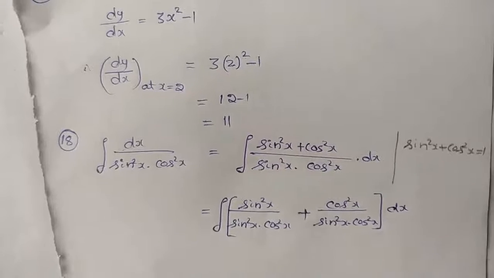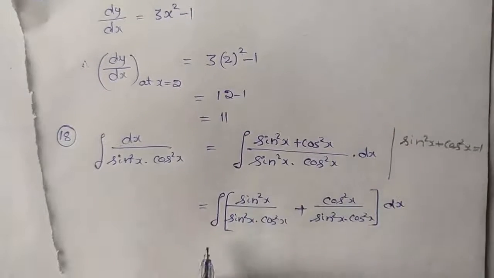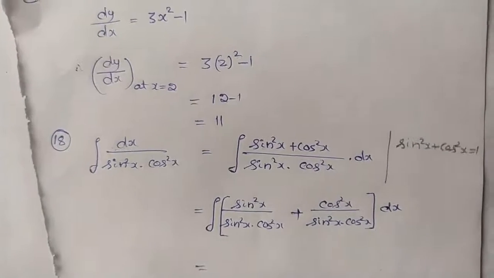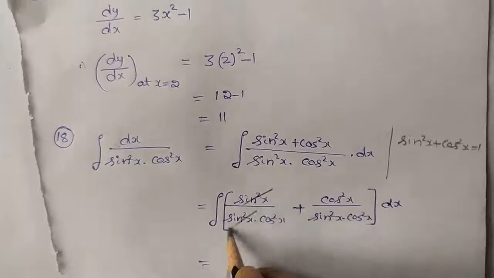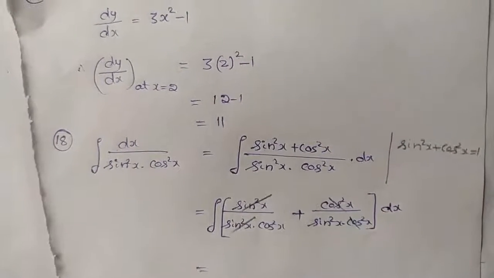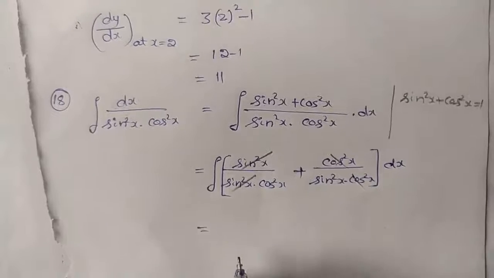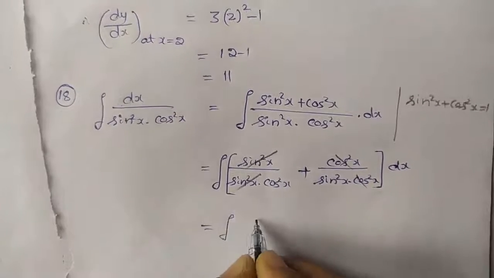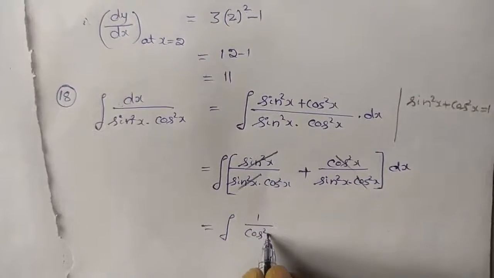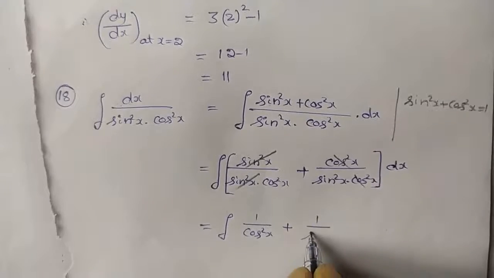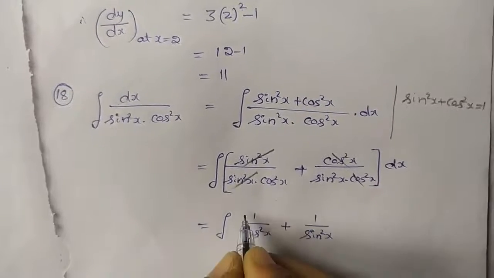We just split. Sine square x by sine square x and cos square x by cos square x get cancelled, so that is equals to integration of 1 by cos square x plus 1 by sine square x into dx.